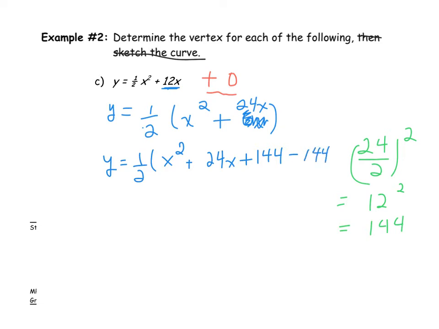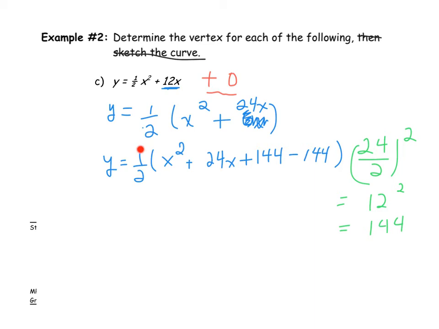But I can't just add in a value. By adding that value in and then subtracting it, I'm not changing it, because these would combine to give me 0. But now in the first 3 terms inside the brackets, I've created my perfect trinomial square. So now I need to deal with this negative 144. I need to get it out of the bracket.